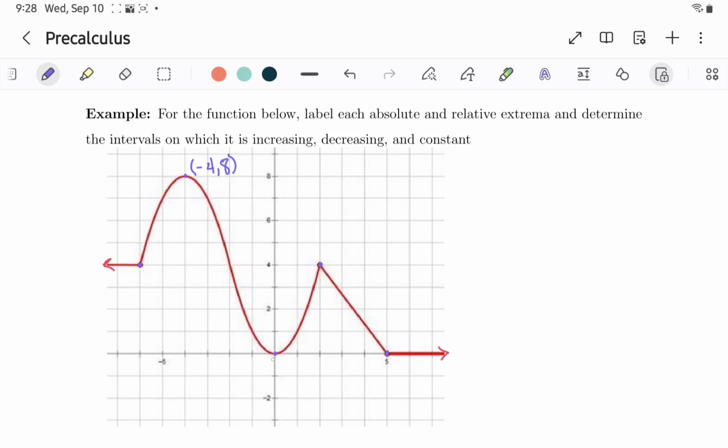This is going to be the origin, 0, 0. Up here we have 2, 4. Then over here we have 5, 0. And this is going to be -6, 4.